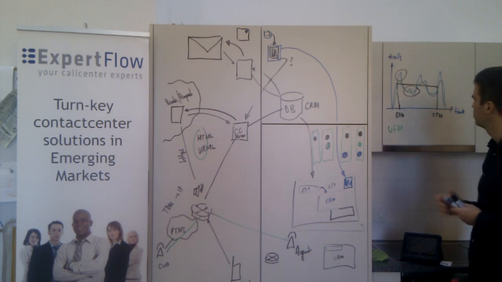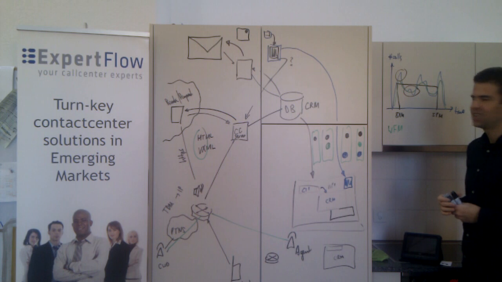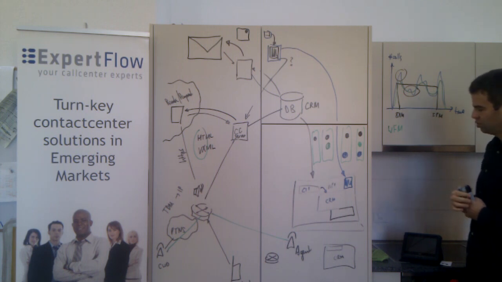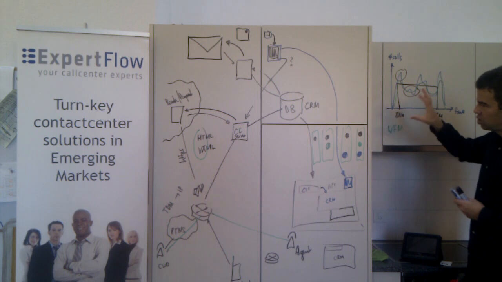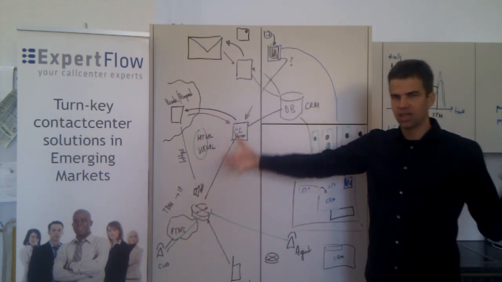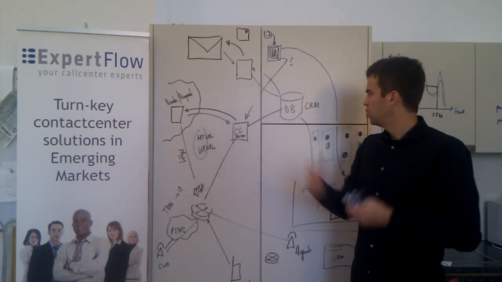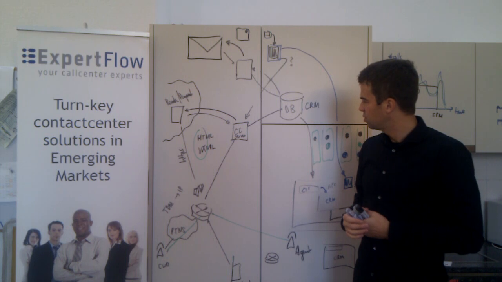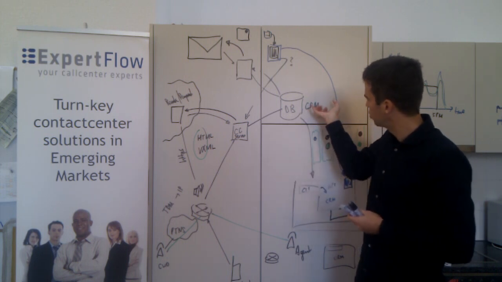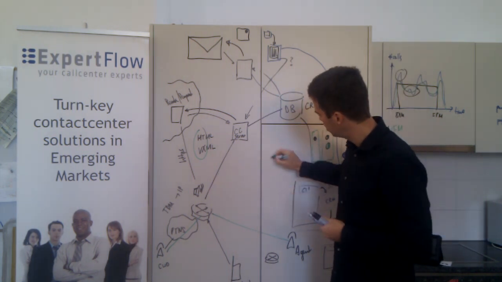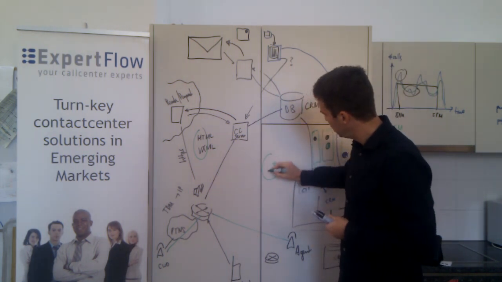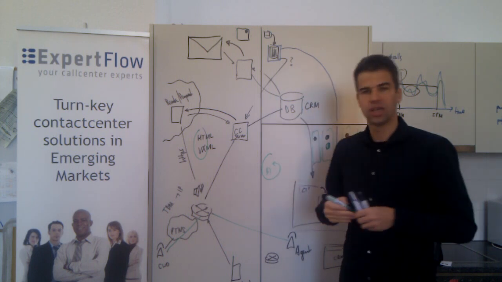So quality management, workforce management, contact center metrics, or CRM information, so customer-centric information and so on, can all be pulled together into a BI tool, an Expertflow business intelligence tool that we can deploy to give you an overall view around the contact center.